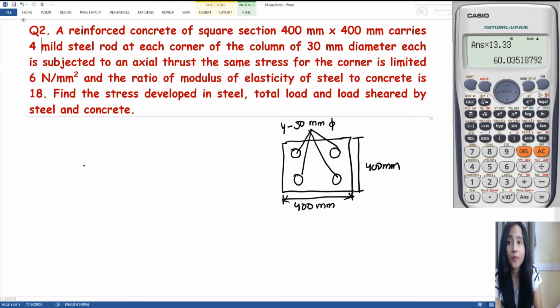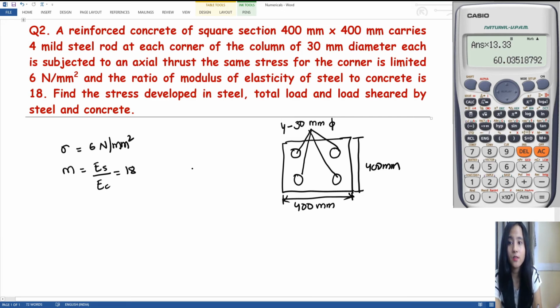So the stress is given 6 Newton per mm square, and the ratio of modulus of elasticity of steel to concrete is given equal to 18.